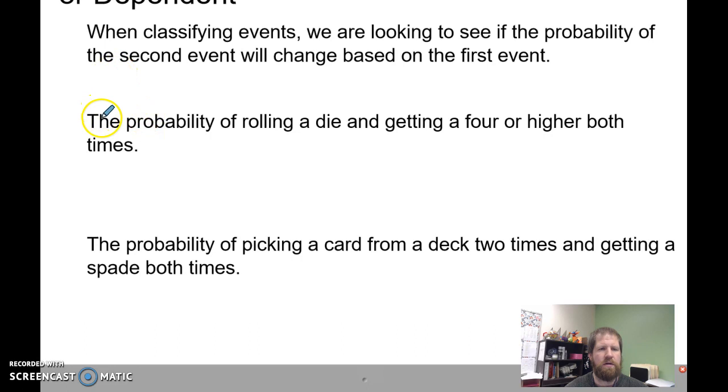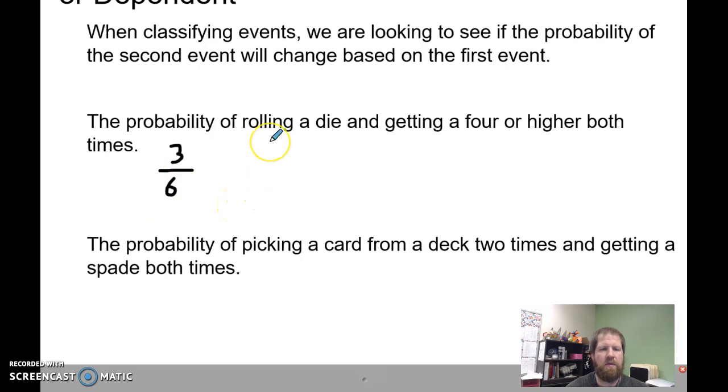The first one is the probability of rolling a die and getting a 4 or higher both times, so you're rolling a die once and then rolling it again. If I'm looking for a 4 or higher, that's 4, 5, or 6, so 3 outcomes out of 6 total possible outcomes.